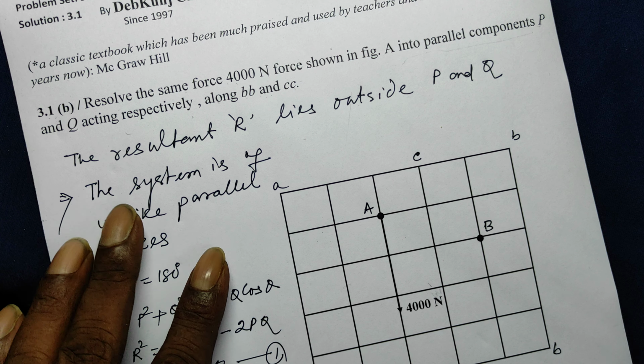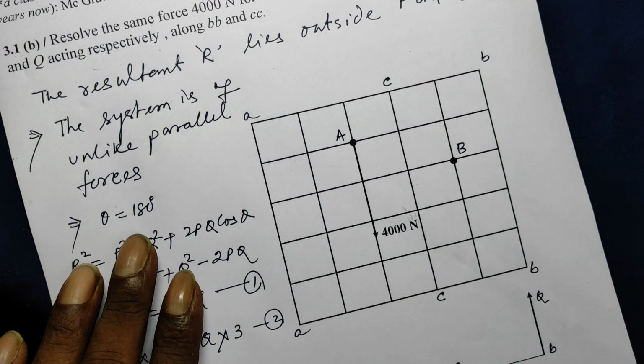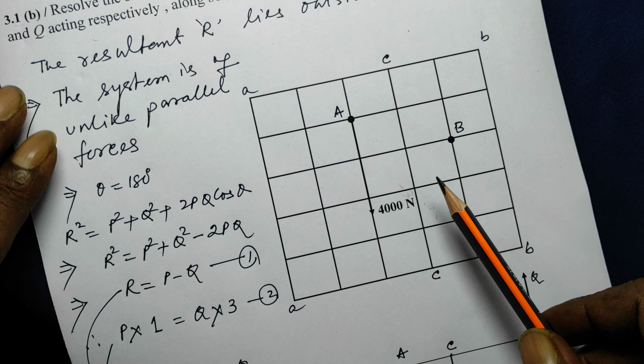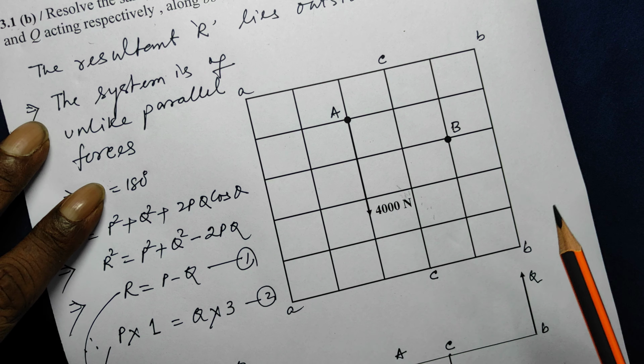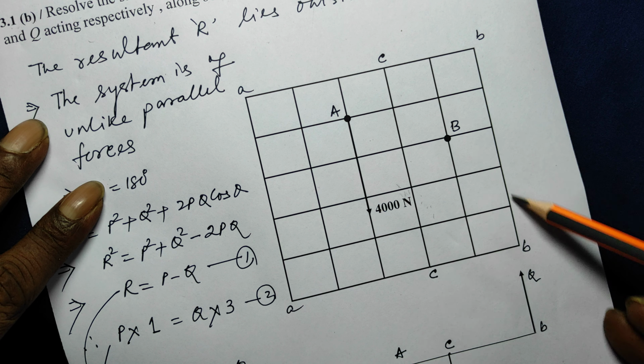Now look, the original diagram I have redrawn once again for you here. If you look, this line is CC, this line is BB.